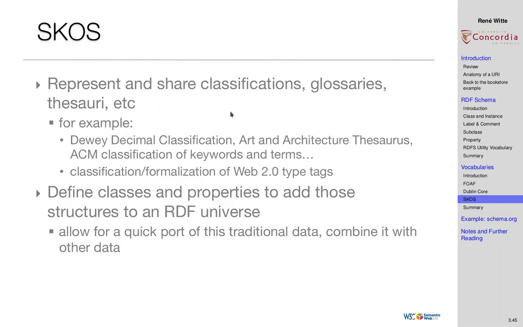So it seemed like a very good idea to make use of all of this existing work in classifications, glossaries, and thesauri, and bring them to knowledge graphs to be able to use them on the web and in AI-type applications. And this is done with a vocabulary called SKOS. It gives you a way to translate an existing classification, glossary, or thesaurus into a knowledge graph form.